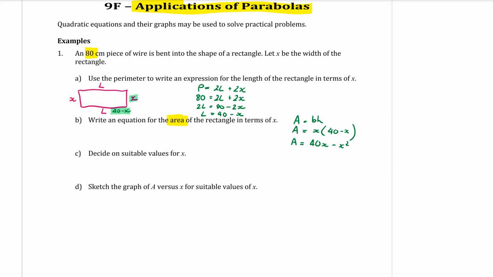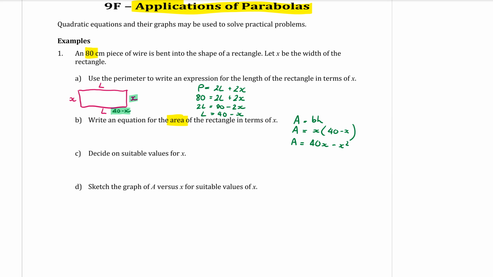Okay, next part, part C. Decide on suitable values for x. Now because this is a practical question, not all values would be reasonable. For starters, we are talking about a shape. We can't have a shape that has negative side lengths.